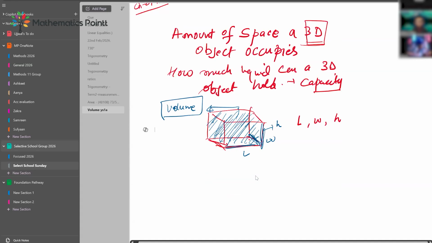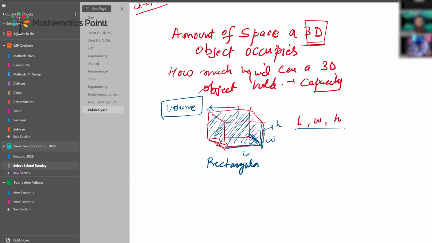Now, if we take the example of this particular object, which is a shoebox, in the world of mathematics, you can call it a rectangular prism. So let's say the length is measured in meters, width is measured in meters, height is measured in meters.